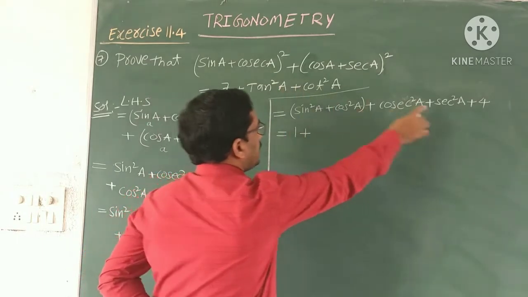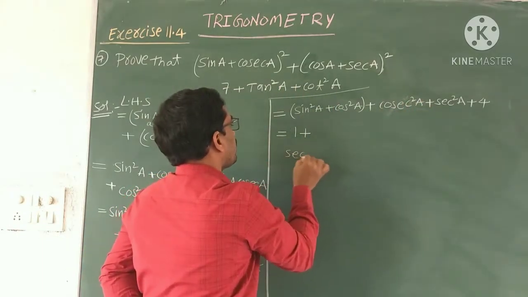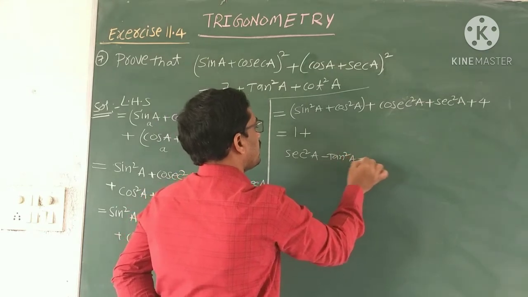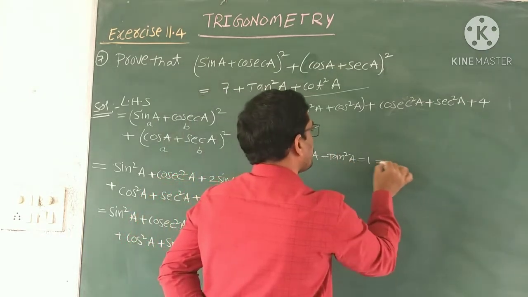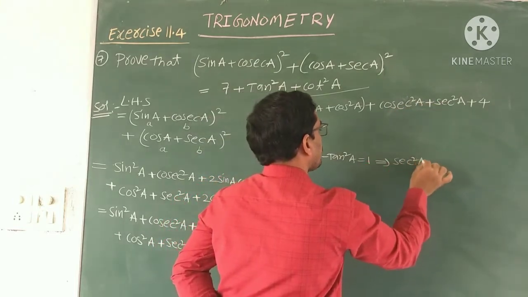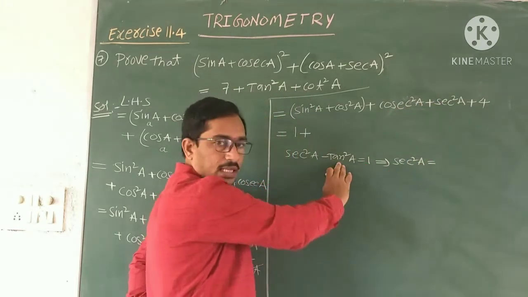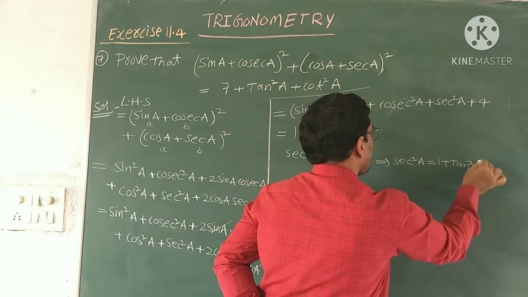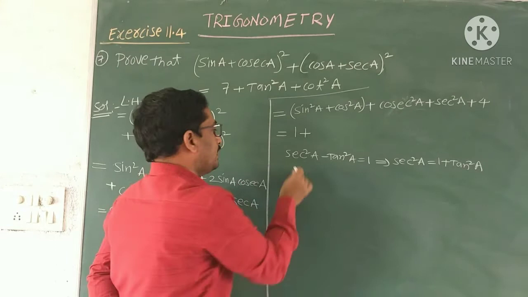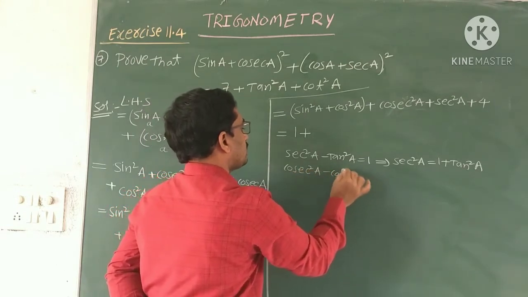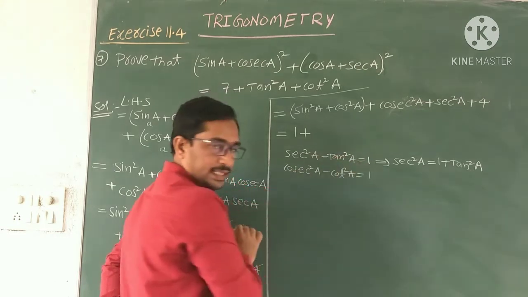From identity 2, sec square A minus tan square A is equal to 1. From this, we need the value of sec square A. Transpose tan square A to the right side: 1 plus tan square A. In the same way, cosec square A minus cot square A equal to 1, identity 3.